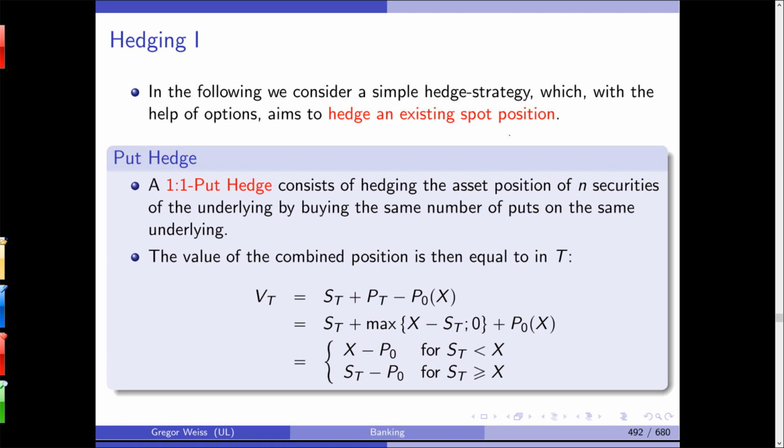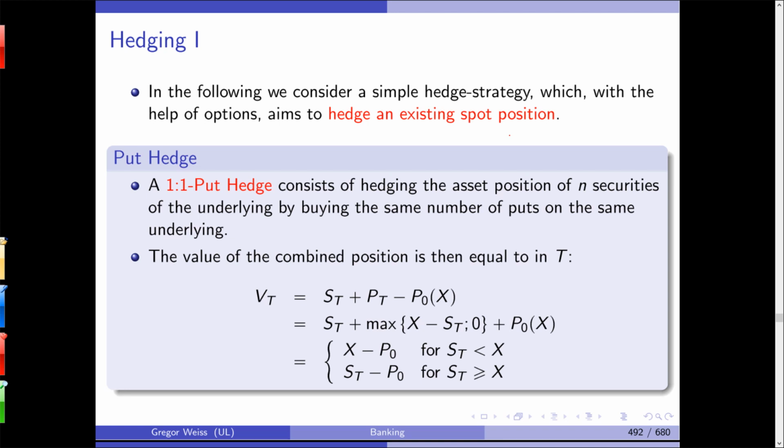The put has a payout that is the maximum of X, that's the strike, minus the stock price, or 0. And if I combine it, ST plus the maximum of X minus ST, or 0, minus P0, I can see that the resulting payout is X minus P0, or ST minus P0.